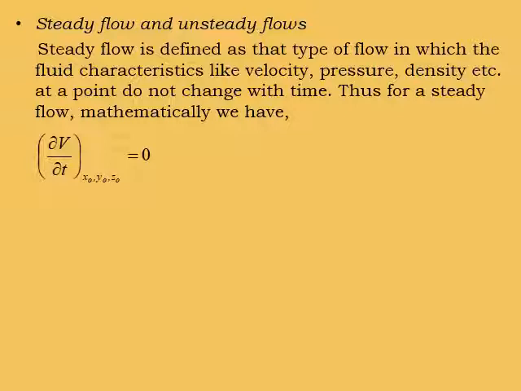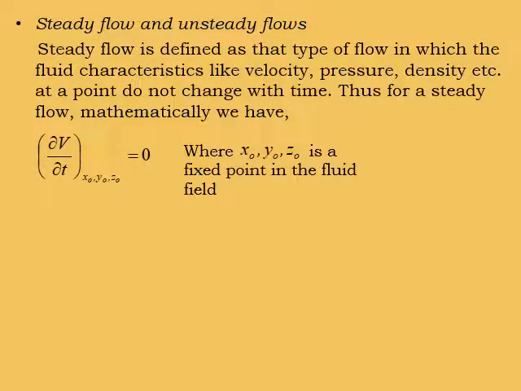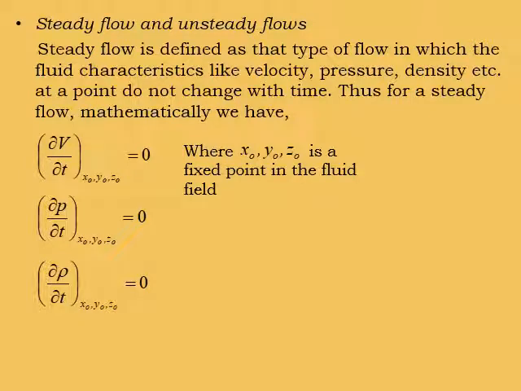In the case of steady flow, the change in velocity with respect to time is equal to 0, and here x0, y0, z0 is a fixed point in the fluid field. Then ∂p/∂t, the change in pressure with respect to time, is equal to 0, and the change in density with respect to time is equal to 0.